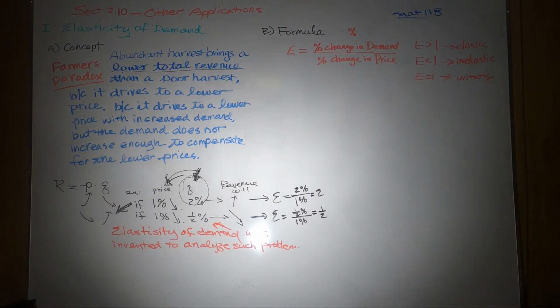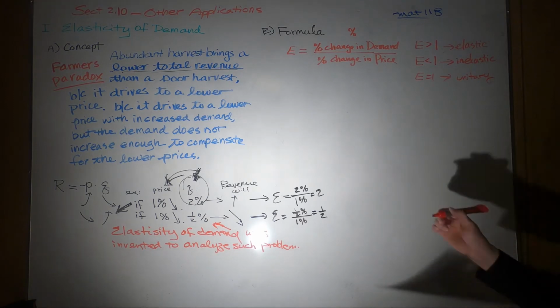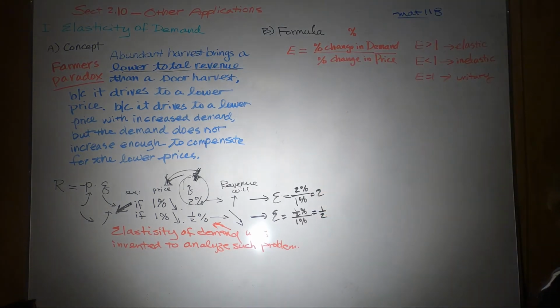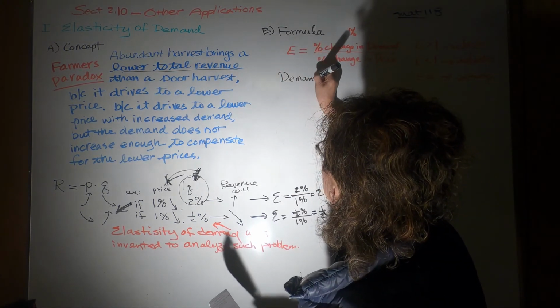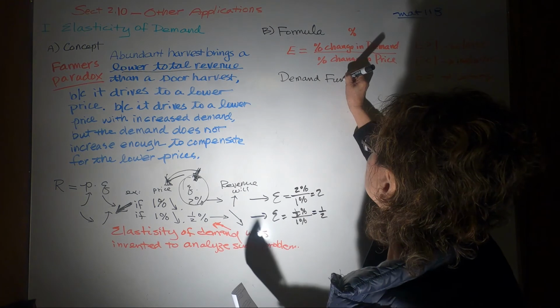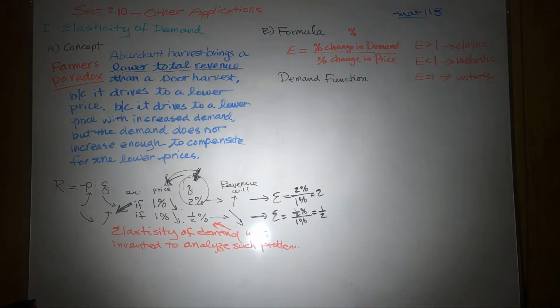Then demand function, we'll talk about functions a lot, right? So everything is by function. It's your model, right? Sometimes the models work well, sometimes they don't. So you make your call and your judgment, all right, by experience.